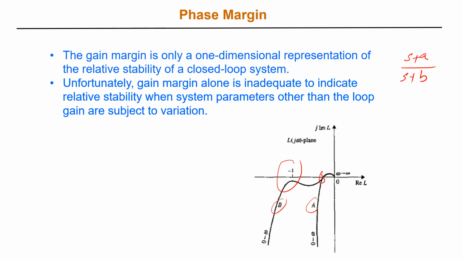What will be the phase of the system? The phase of the system will be tan inverse of omega over a minus tan inverse of omega over b. So definitely a and b will determine the phase in the system.